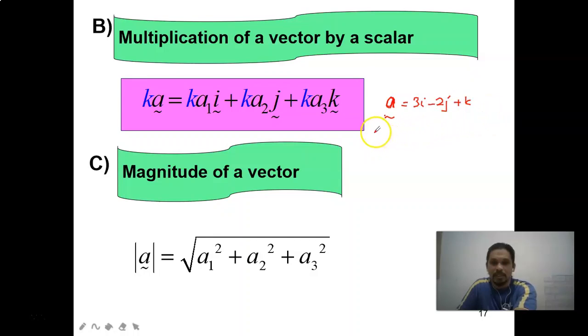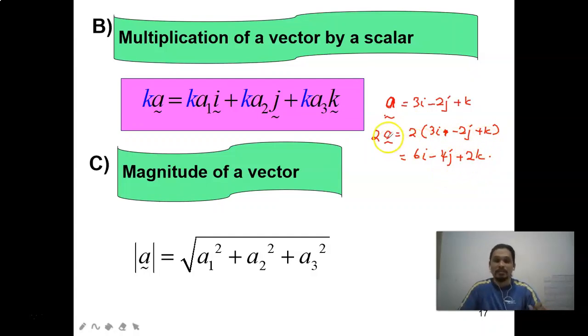Then 2 times A means 2 multiplied with 3i minus 2j plus k. So 2 times 3 equals 6i, 2 times negative 2 equals minus 4j, 2 times 1 equals 2k. Okay, that's the example here.